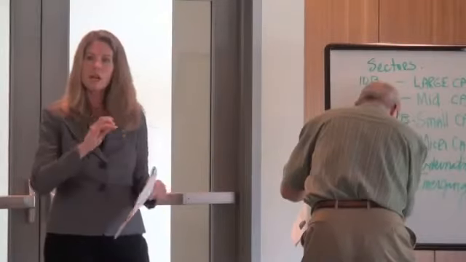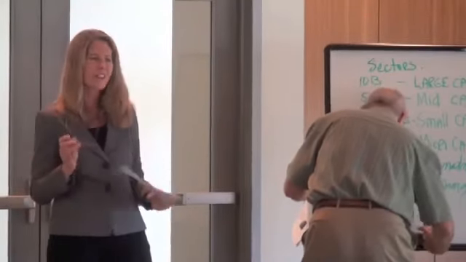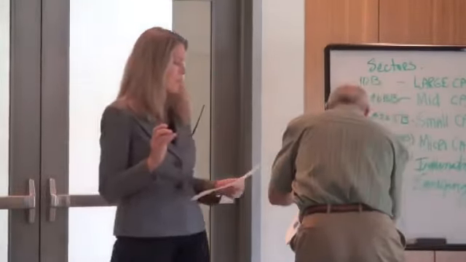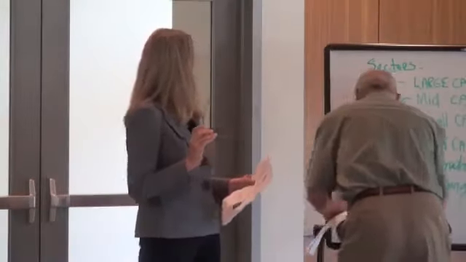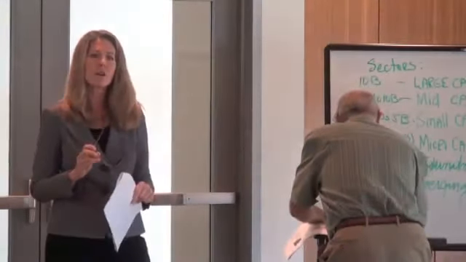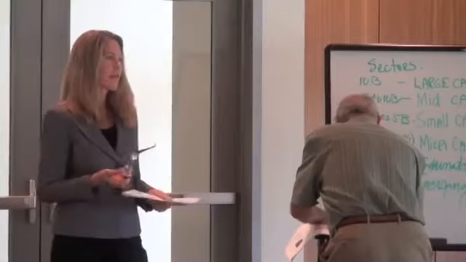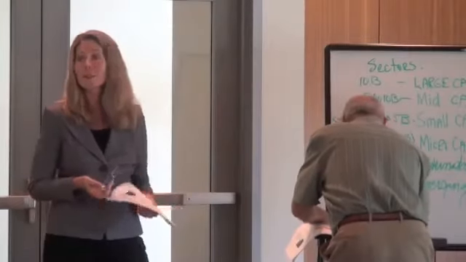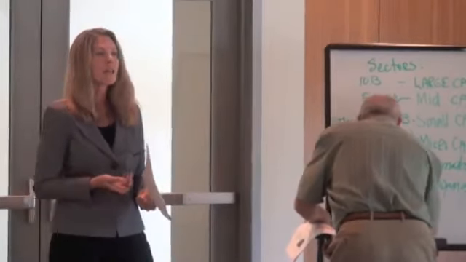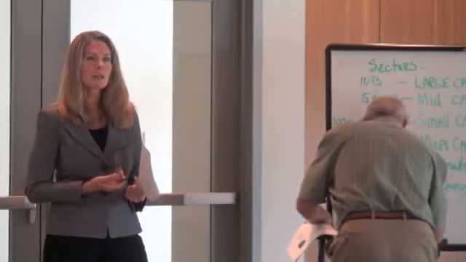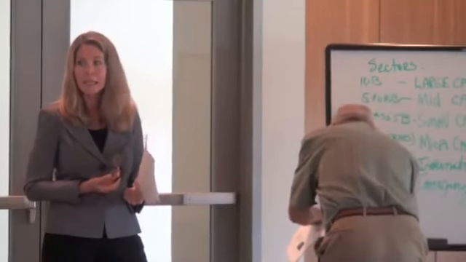But generally there are A, B, and C share mutual funds. I think there's D also, but I'm not sure. There's E, there's F. A shares were the original mutual funds that have a front-end load. In the old days, when I started out in the business in 1980, A share mutual funds had commissions starting at 8.5%.